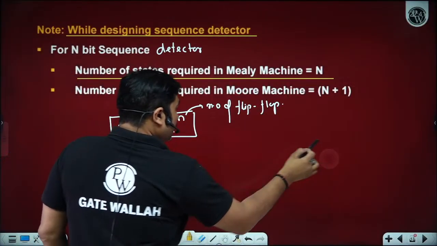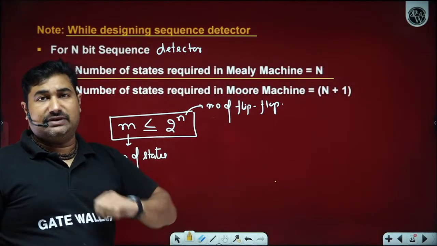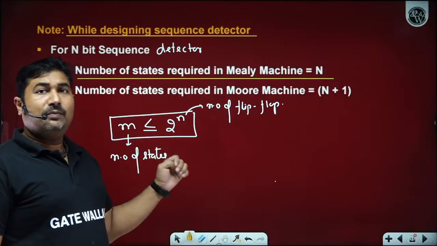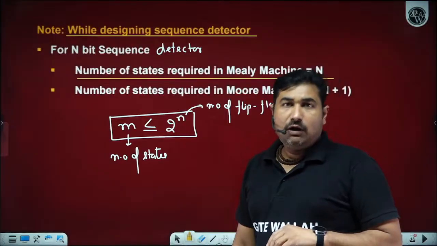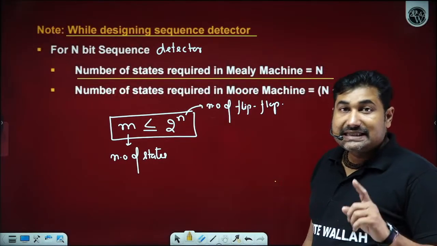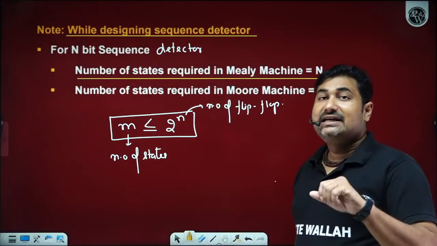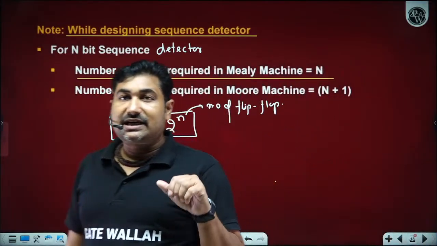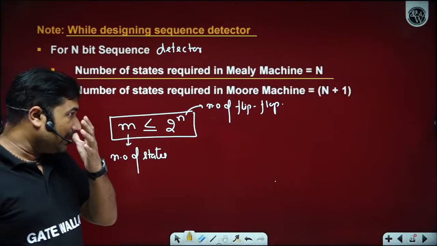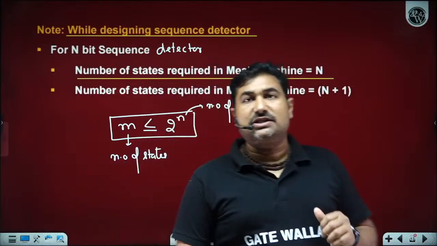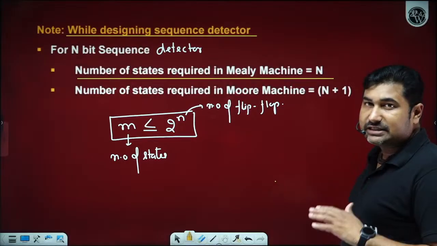So suppose we have a 4-bit sequence detector, then a 4-bit sequence detector through the Mealy model requires only 2 flip-flops. However, a 4-bit sequence detector using the Moore model requires 5 states, and 5 states means it requires 3 flip-flops. Is it okay? So it can be clearly observed that there is a possibility of the Moore model having higher cost compared to the Mealy model. Is it okay?